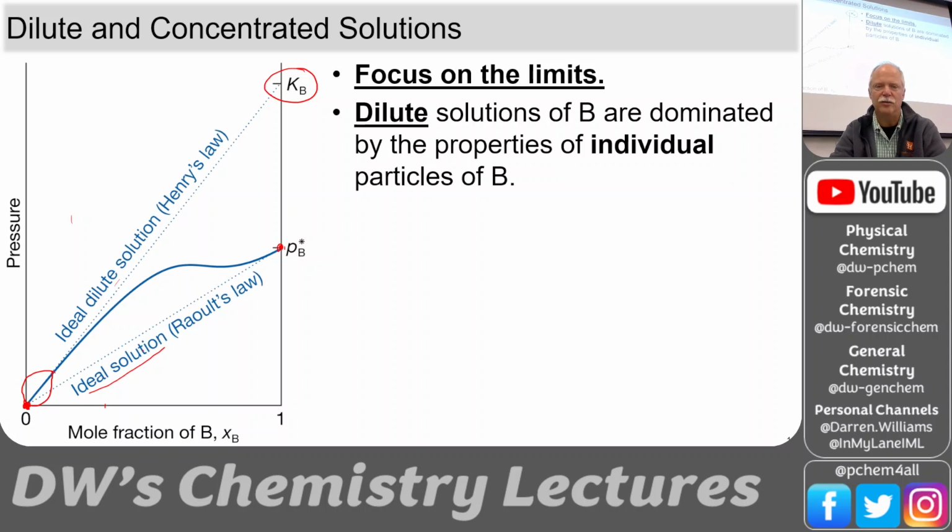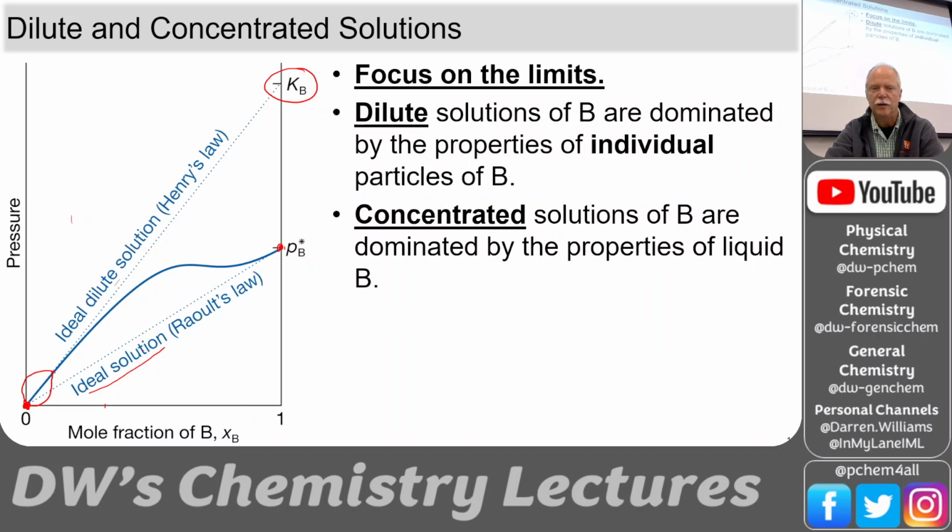In dilute solutions, they're dominated by individual particles of B that may or may not have an attraction to the rest of the liquid. If they don't have an attraction to the rest of the liquid, they can have a really high vapor pressure. Let's say they're in a polar solvent and they're polar, then they can be really attracted to the polar solvent and have a really low vapor pressure. And then concentrated solutions of B are dominated by the properties of liquid B.